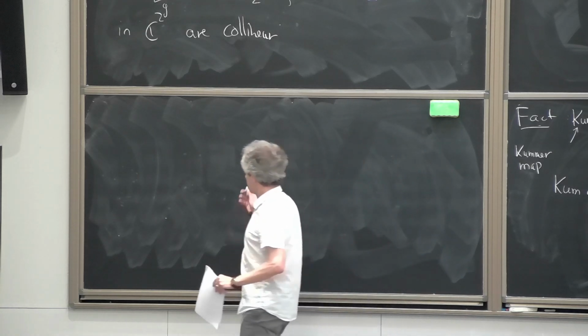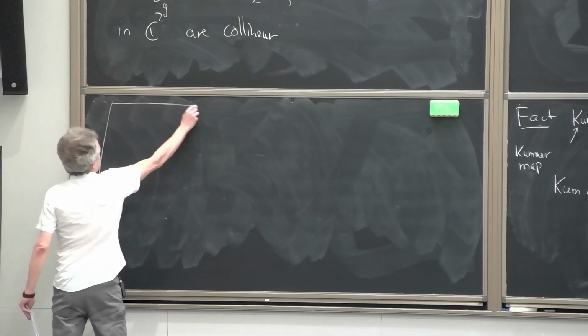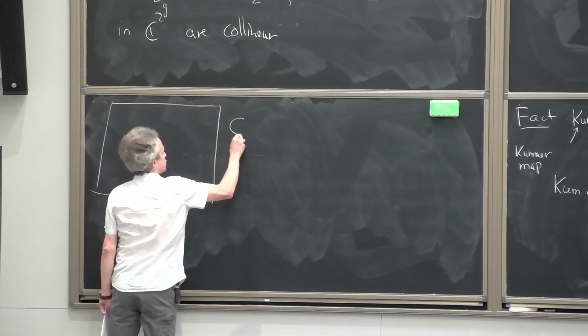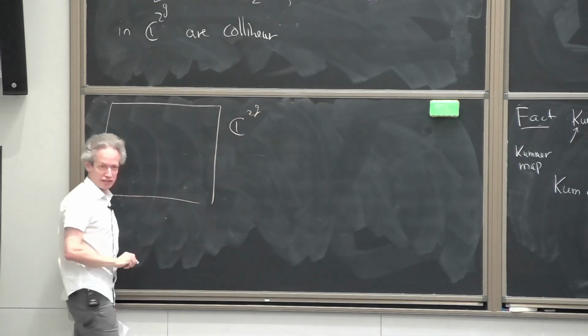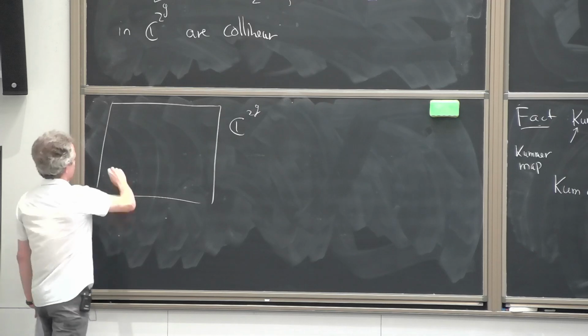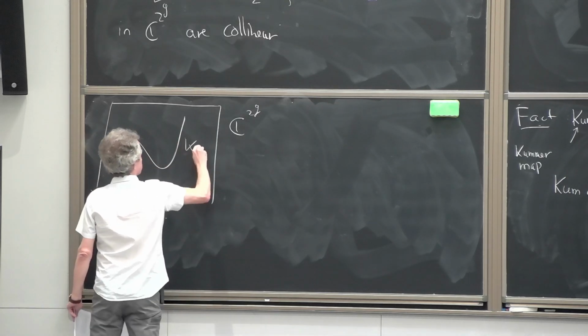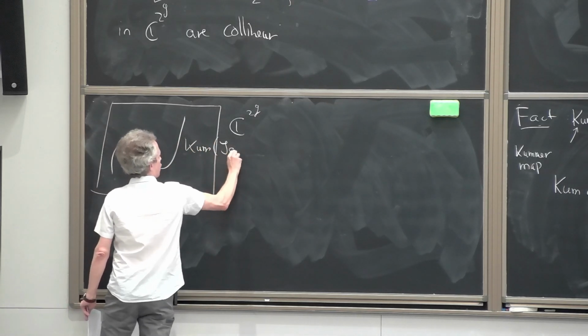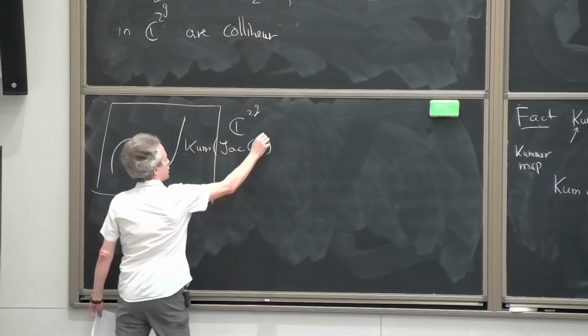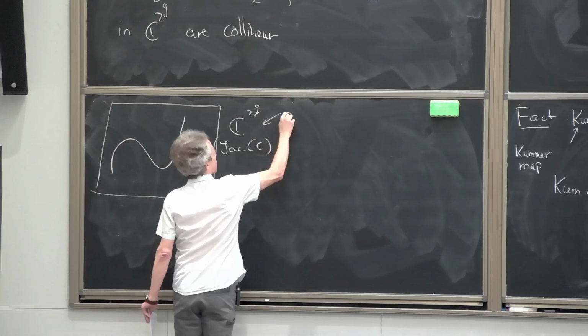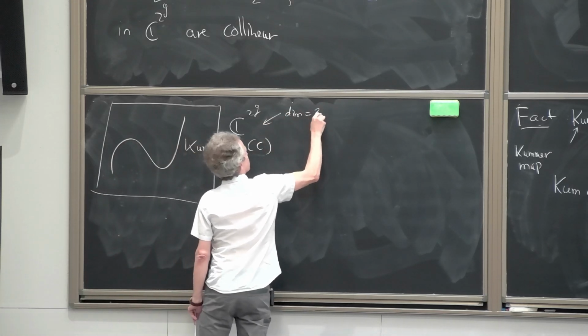Okay, so let me draw a picture. This is C to the 2G, in case you couldn't identify it from my drawing, right? So that's a Kummer variety. That's a Kummer variety of a Jacobian of C, right? This notably has dimension equal to 2G.